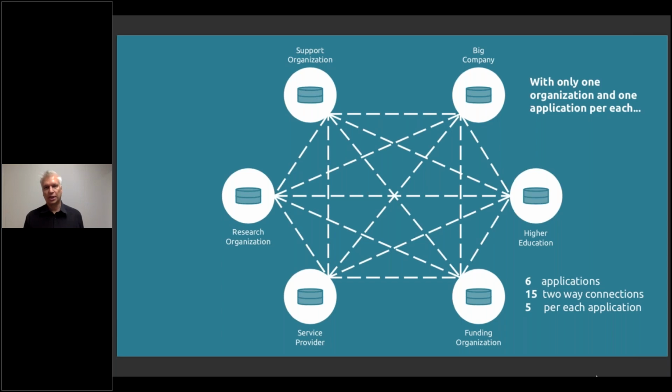So some of the numbers indicated here: 6 applications, 15 two-way connections, 5 per each application. So whether it's an organization or more deeply the applications in those organizations, how to build the information sharing. The more organizations that need to think of it from their own perspective, the more complex it gets, the better the ecosystem develops. The more actors there are, the more activities there are, the more complex it gets to stay informed just through one-to-one relationship management.